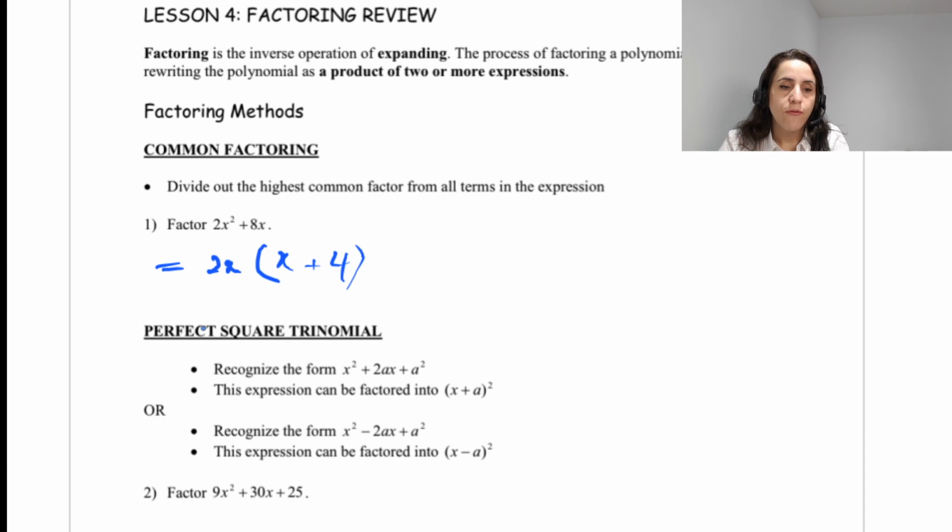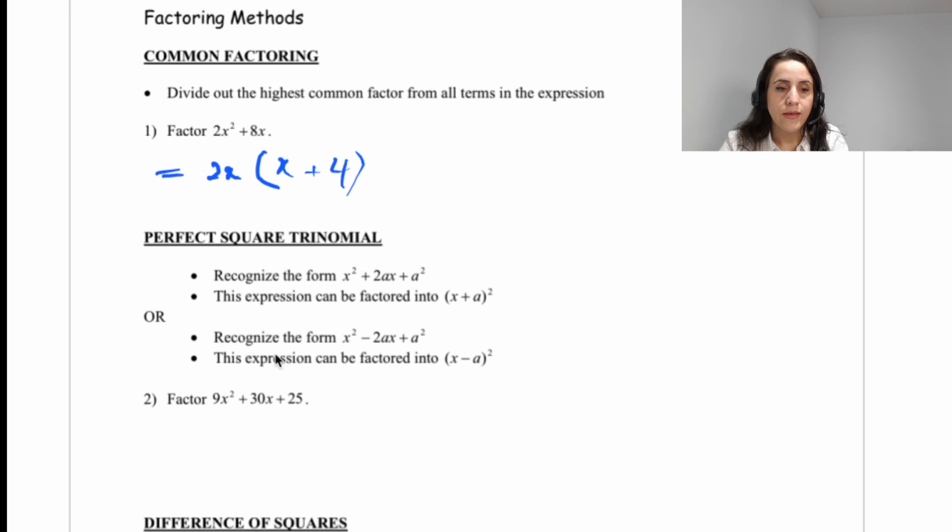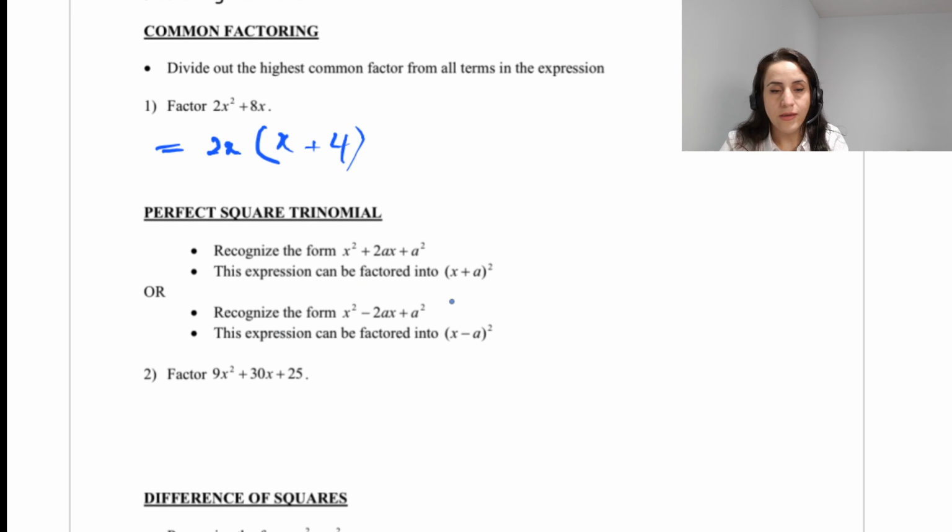There's a rule for the perfect square trinomial. x plus a to the power of 2 can be written as x squared plus 2ax plus a squared. It is one of the perfect squares. Another one is x minus a to the power of 2, that's x squared minus 2ax plus a squared.